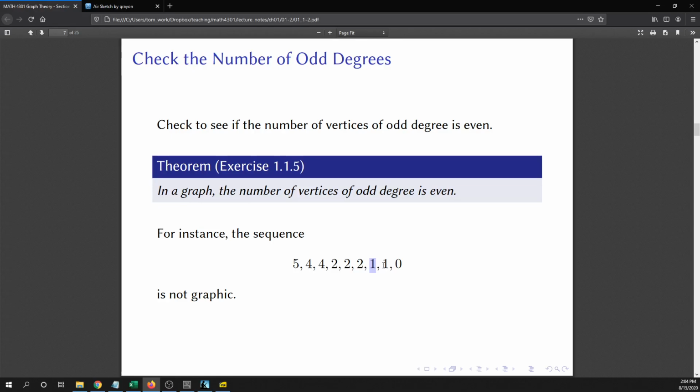And then if you have an odd number of odd numbers in there, that's going to flip it to odd: 6 plus 1 is 7, because an odd plus an even is odd. So the odd-degree vertices have to pair up to make an even number, because we know that the sum of the degrees has to be even. Okay, so that's actually a little bit faster check than adding up all of the degrees.